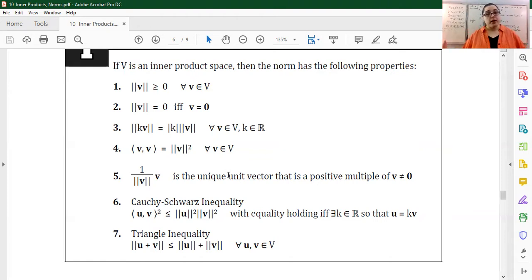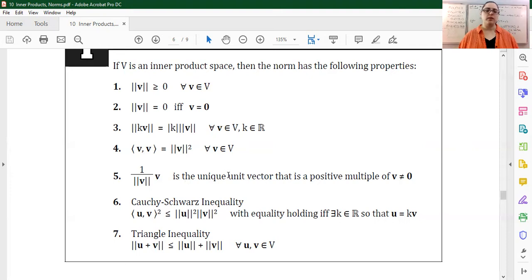Number 6 is a super important and famous inequality. This is called the Cauchy-Schwarz inequality. It says if you square the inner product of 2 vectors, that is less than or equal to the product of the squares of the norms of those vectors. And you get equality holding only when one vector is a scalar multiple of the other.